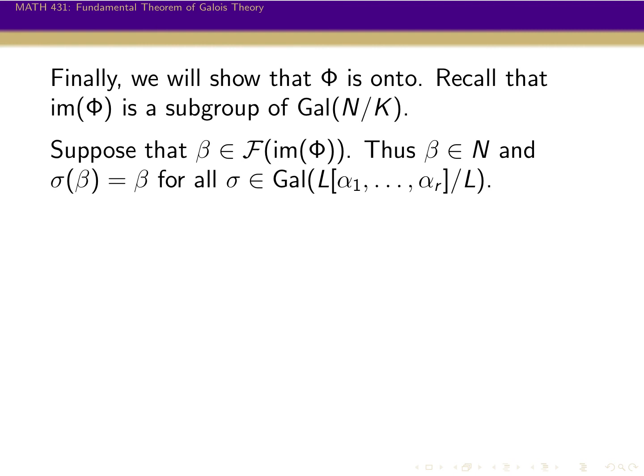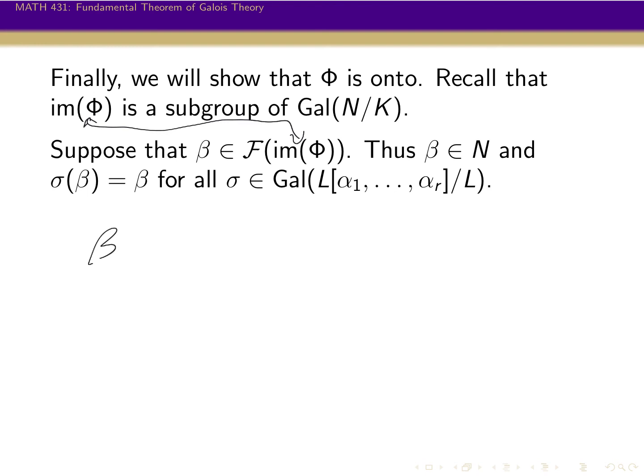And so we're using our Galois correspondence here to go from the image of phi to the fixed field of the image of phi. And since this fixed field is going to be a subfield of n, that means that beta is going to be inside of n. So now let's think about what it means for beta to be in the fixed field of this image.